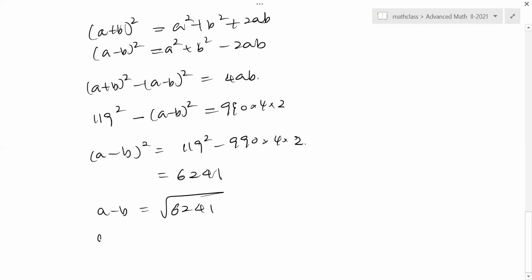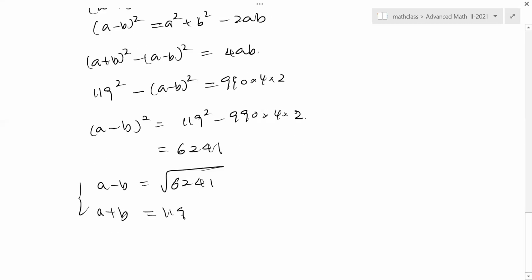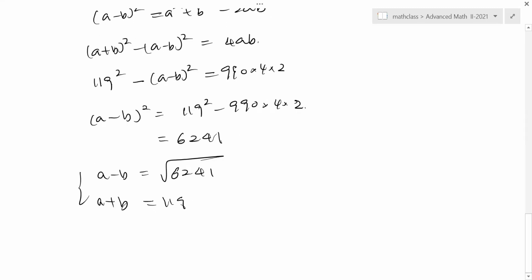But if you know A plus B is 119, you can quickly find A and B. If it's a perfect square, then the last digit must be either 9 or 1, right, of that number. Okay, so anyone can have it's 79. Yeah, great. So 79 times 79, double check, it's 79. Great. I just guessed, right?